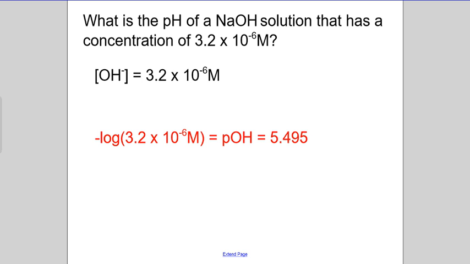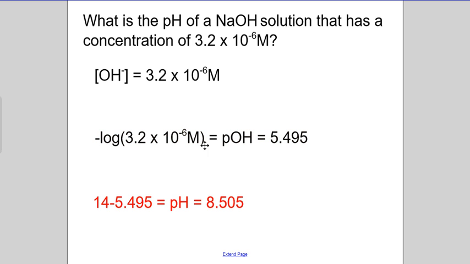From there, I took that to POH. So here's the OH concentration. I took the negative log of OH to get POH, and that is equal to 5.495. You'll notice there's no unit for this value. Concentration has a unit, but pH has no unit, KW has no unit. They're all unitless values.